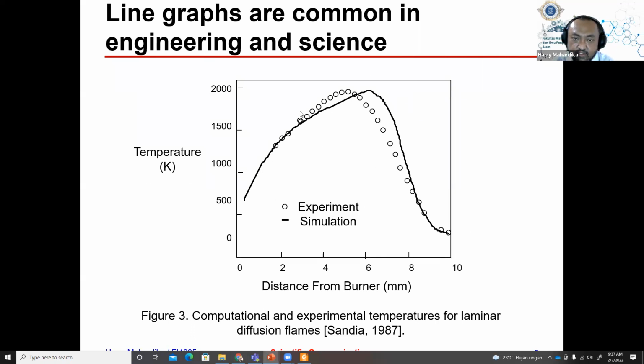Since the experiment is discrete, the simulation is usually displayed as a solid line, because even though numerical simulation is by design also a discrete process, when we compare the two data from experiment and simulation, we usually consider the simulation result as continuous, displayed using a continuous line, instead of the data gathered from experiments, which is regarded as discrete data, so the display uses small circles or small dots, and so on.